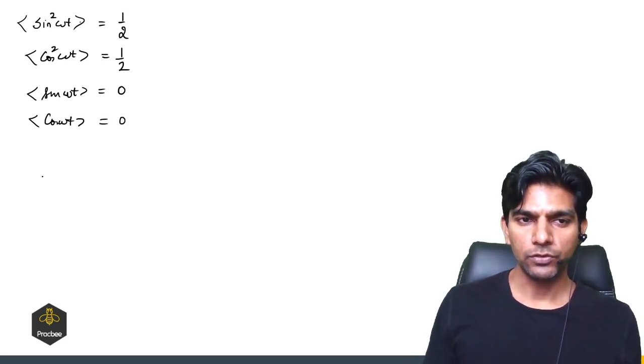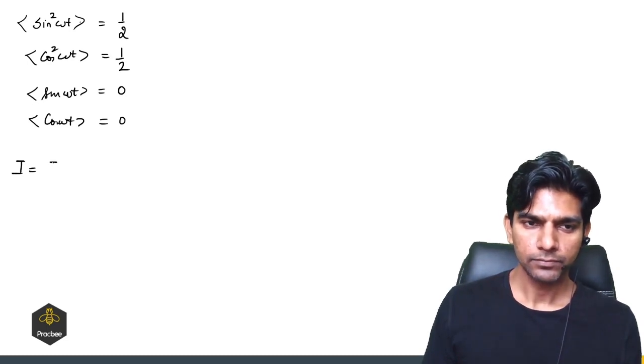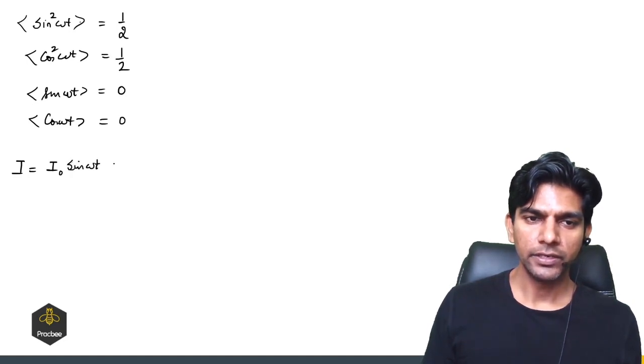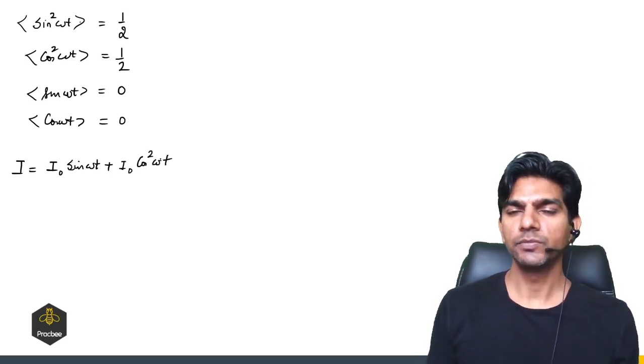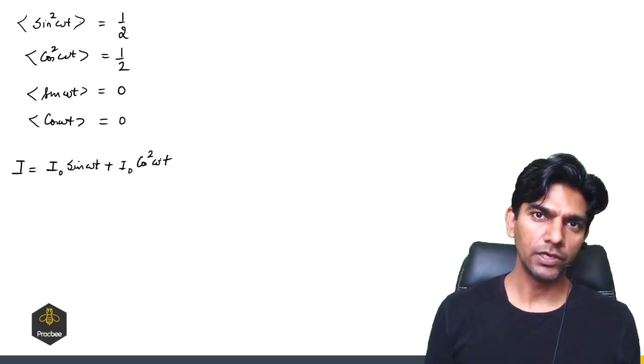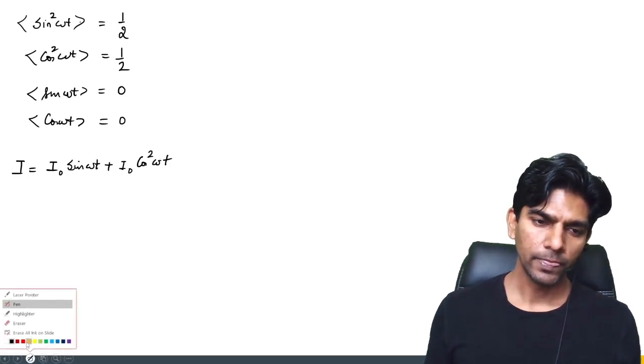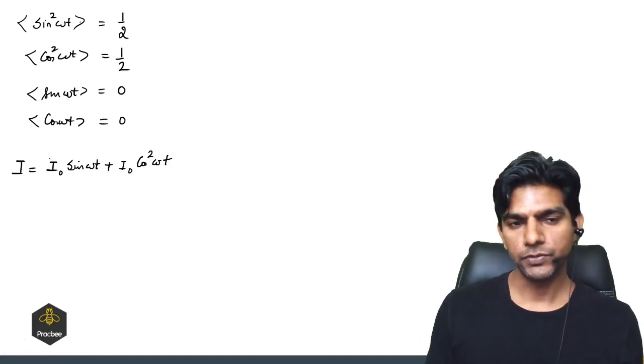So if you have a question like this, I is, say, I naught sine omega t plus I naught cos square omega t, right? Something like this. And we want to find the average value of this. So what are you going to do? You will take the average value of both the terms.